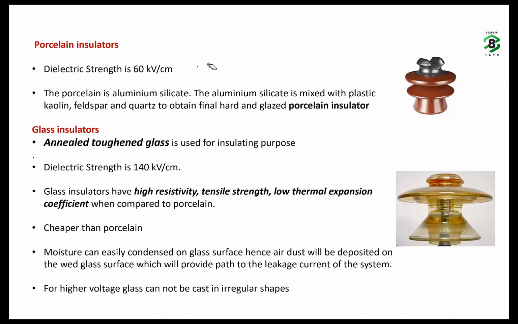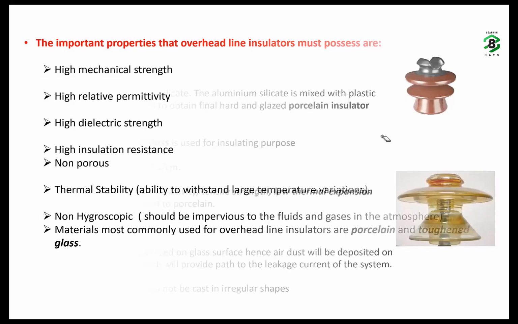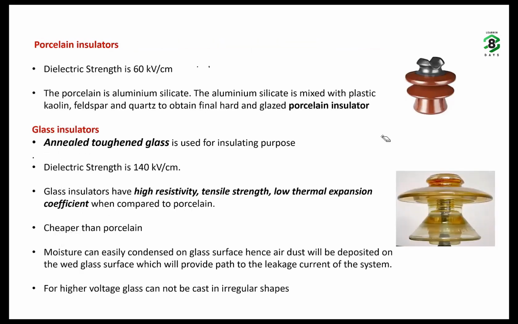Porcelain is an aluminum silicate. Aluminum silicate is mixed with plastic kaolin, feldspar and quartz to obtain a hard and glazed porcelain insulator.